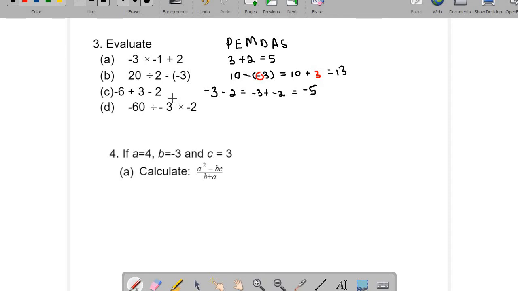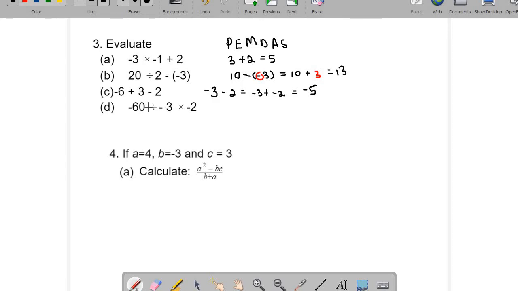Okay, next question, -60 divided by -3. Now what we're going to do, just follow the PEMDAS rule. You can do multiplication or division first. So if you have only multiplication and division left, you don't have to do it where you multiply before you divide. You can choose any one first.